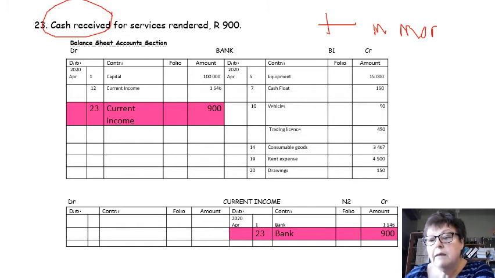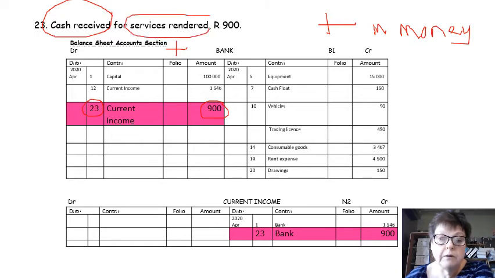If we receive, we write in the bank account on the debit side, because bank being an asset increases on the debit side. So on the 23rd, we're going to write we received 900 Rand. Why did we receive this? For services rendered. We know that the correct accounting term for services rendered is current income.